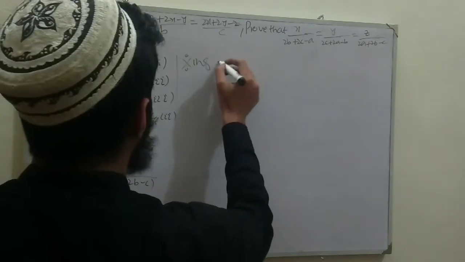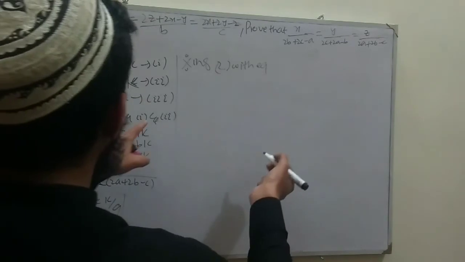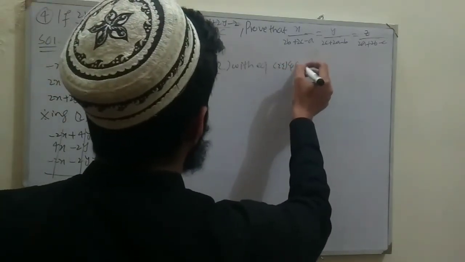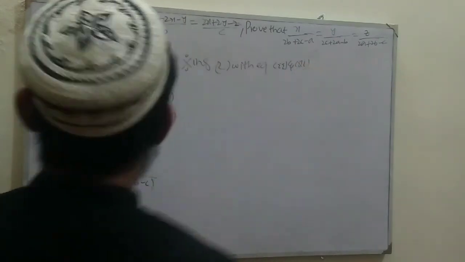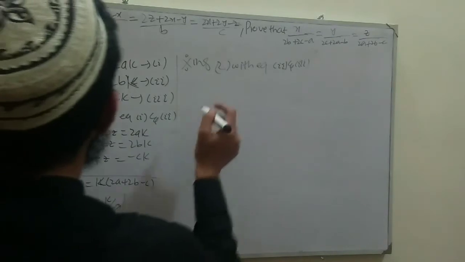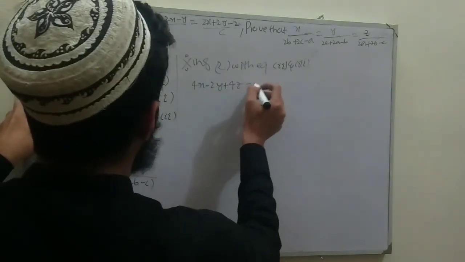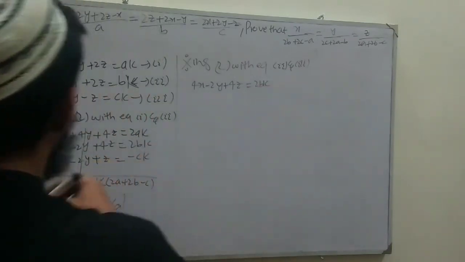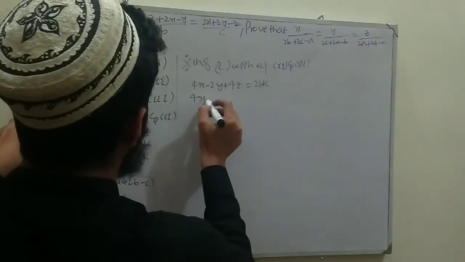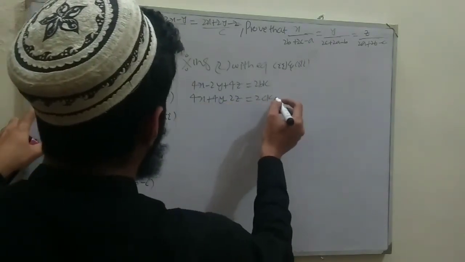Now multiplying 2 with equation number 2 and 3. Multiplying 2 with equation number 2, it becomes 4x minus 2y plus 4z is equal to 2bk. And multiplying 2 with equation number 3, so 4x plus 4y minus 2z is equal to 2ck.